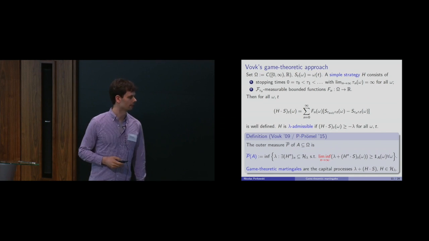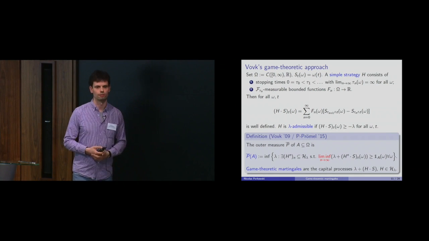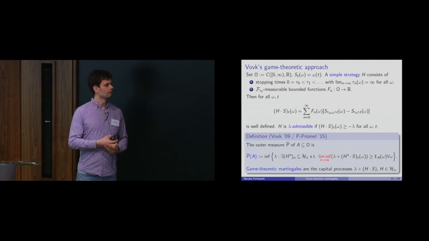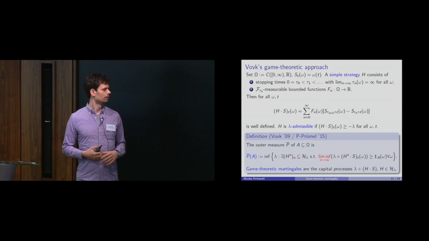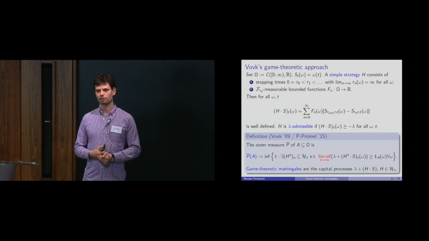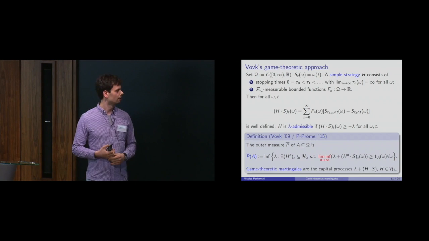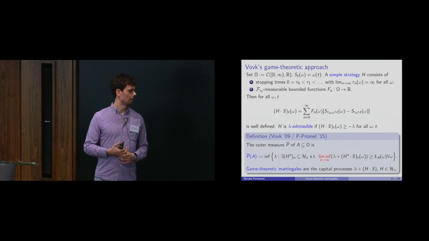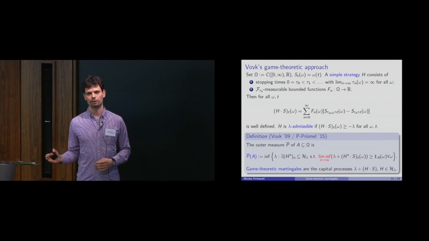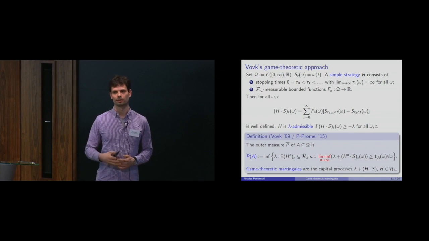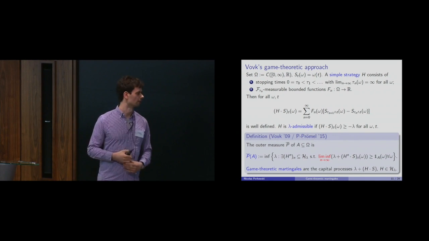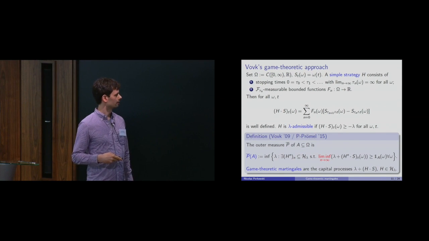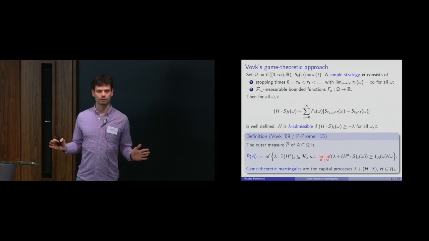And what Vovk then defines, and actually this is not the definition of Vovk, I give you a slightly modified one that we gave with David Prömel, but it's very much inspired by Vovk, only modified slightly, is we define an outer measure as a pathwise superhedging price for the indicator function of a set. Okay, so it's a bit much to get your head around. So let's take some set of the continuous paths.